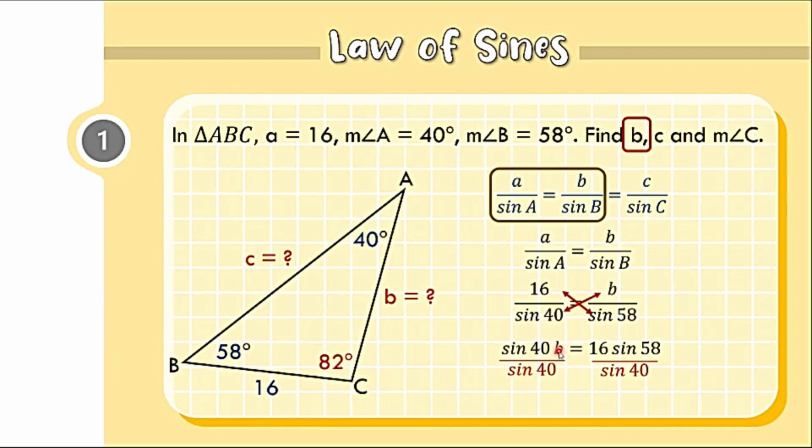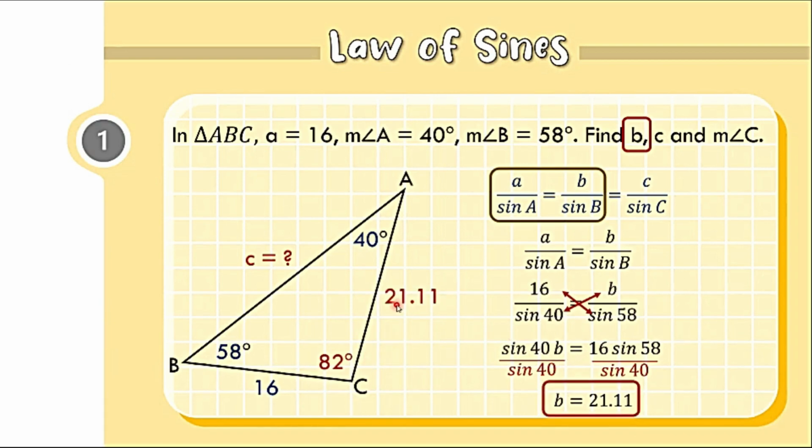And as for the length of side B, using your scientific calculator, please press 16 sine 58 divided by sine 40. Let us round off our answer to the nearest hundredths. Therefore, the length of side B is equal to 21.11. And this is the length of this side.